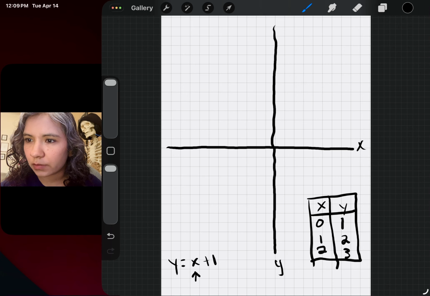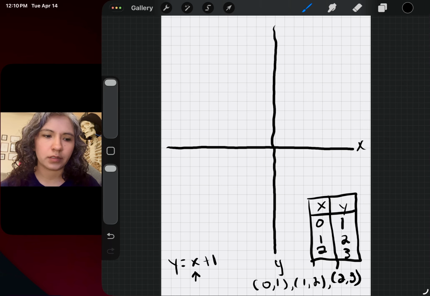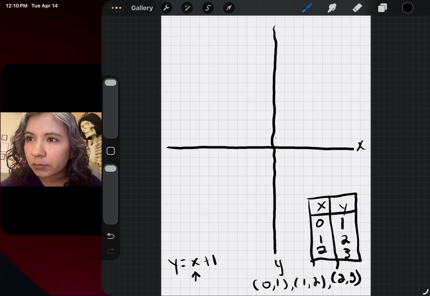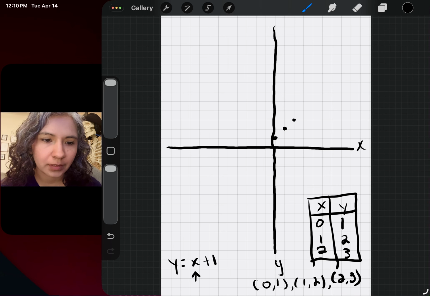So these would be the coordinates 0, 1, 1, 2, and 2, 3. If we graph these, if this was a straight line, that would be the first point, then 1, 2, and 2, 3.